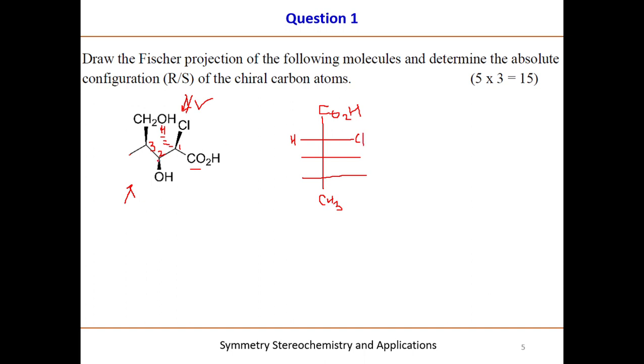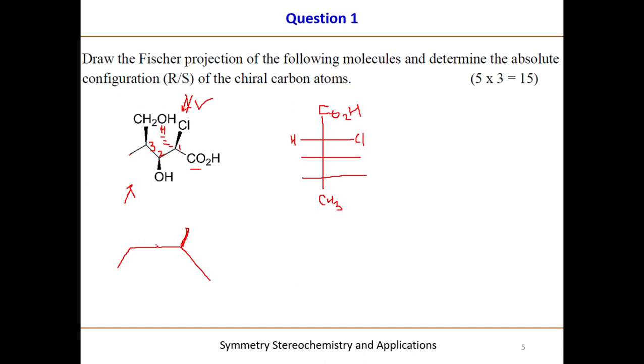Then let's see the second position. You can see that in a Fischer projection, the horizontal line means these are on the front side of the plane. But here you can see the second carbon is going below the side, that means away from us. So we have to rotate the stereochemistry here. Everything will remain the same, only the second carbon stereochemistry will change.